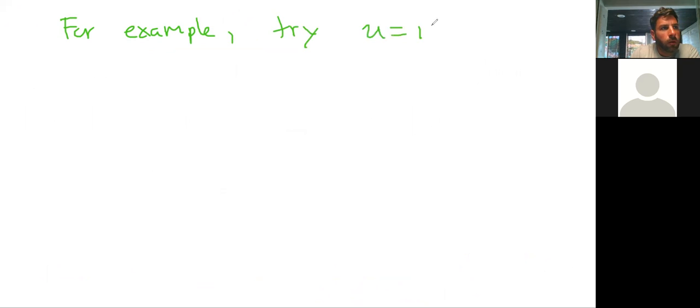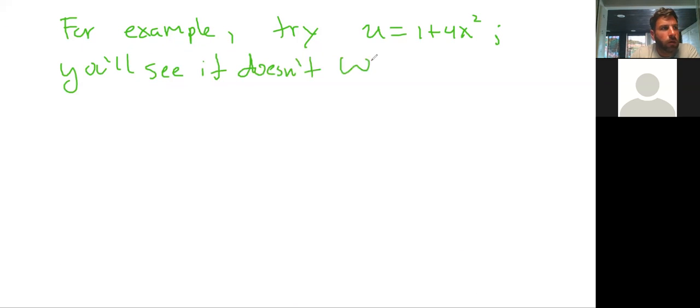Let's make that fairly clear here. If I try to let the inside of the radical be equal to a new variable, say u, what you'll see is it doesn't work.